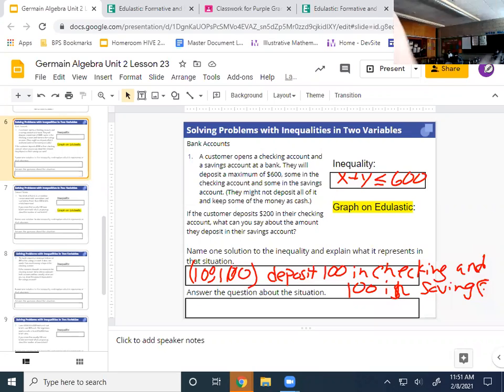So total, it's going to be 600, but I'm depositing 200 in my checkings. So my savings is going to have to be what? Less than 400. Very good. Less than or equal to 400. So the answer to the question would be, which one represented X? Savings. Let's say X. X is less than or equal to $400.